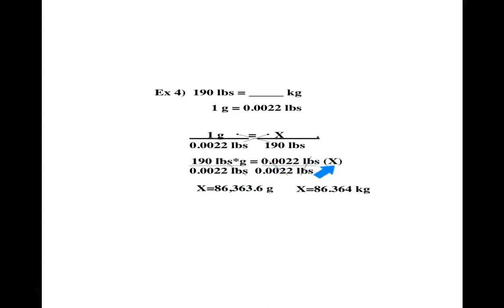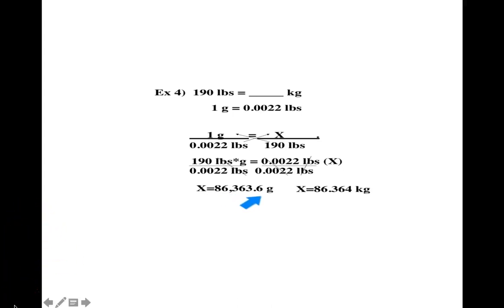To isolate x, we divide each side by the 0.0022 pounds. We cancel out the pounds and the 0.0022 on the right side of the equation, and cancel out the pounds on the left side, leaving us with 190 divided by 0.0022, which gives us the unit of grams, here 86,363.6 grams.